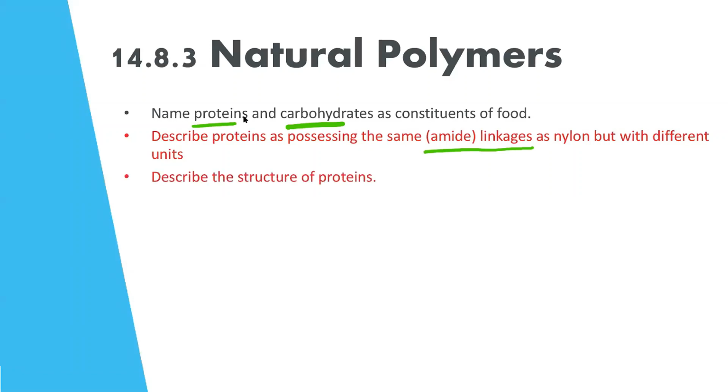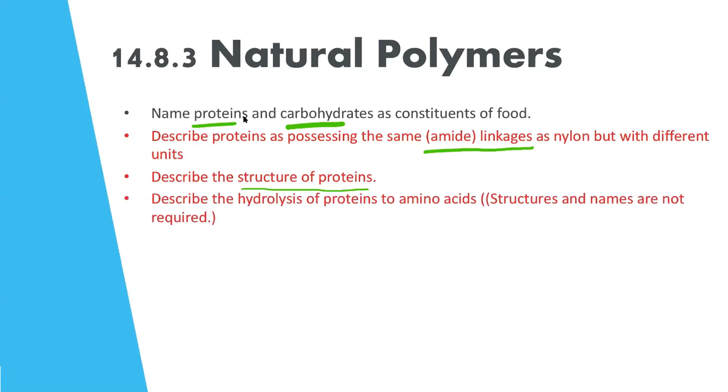And we have to learn about the structure of protein. Usually the structure of a polymer depends on the structure of the monomer, so we have to know the structure of the monomer as well. Describing the hydrolysis of protein, that is the opposite process of polymerization.